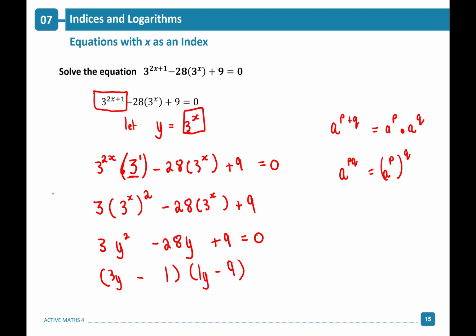So what are the factors that multiply to make your end terms and add to make your middle term? Okay, so that's minus 27y minus 1y gives us minus 28y. From here, we solve for y. So 3y is equal to 1, so y is equal to 1 over 3. And y is equal to 9.